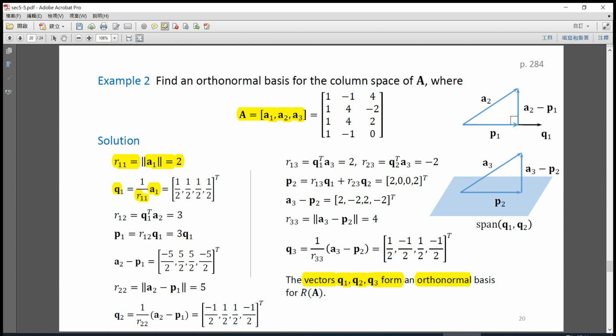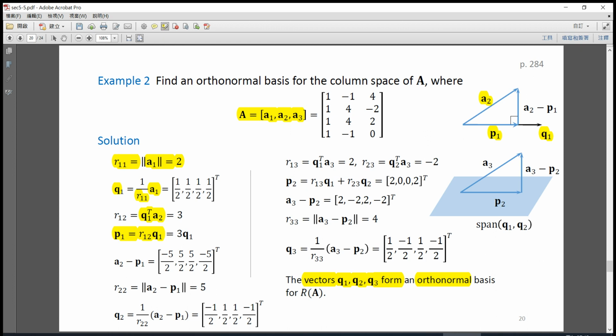After we compute Q1, we can compute P1, which is the projection of A2 onto the span of Q1. P1 equals R12 Q1, where R12 is the inner product of Q1 and A2.